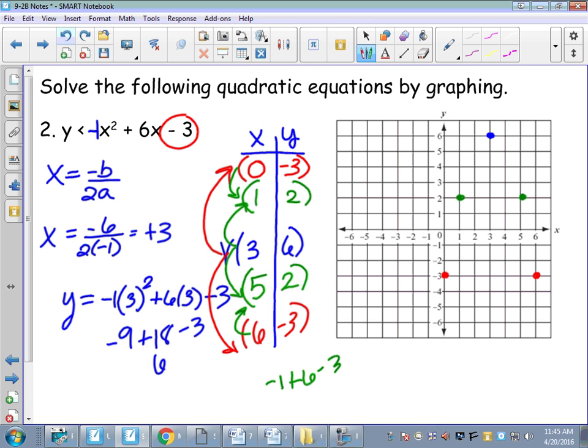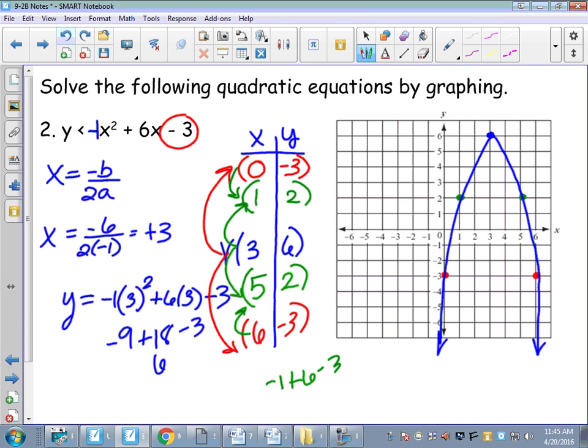See all my values consistent. It's true. Yeah, that's good.